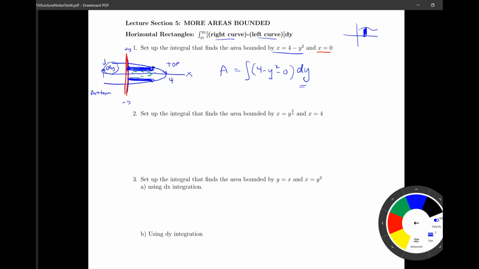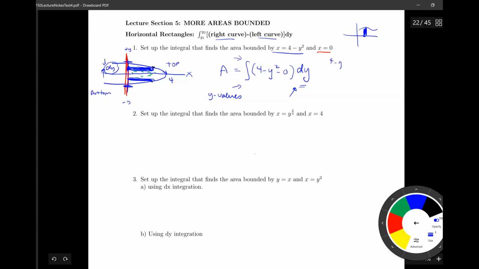All right, so now I need to find the limits of integration. This is a big deal. Because this is dy integration, these must be y values. So here and here have to be y values. Where am I going to start building rectangles and where am I going to end building rectangles? That's going to be when these two functions are equal.